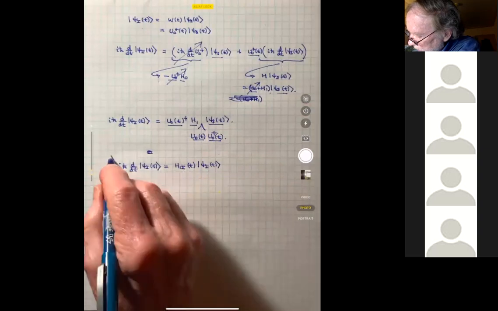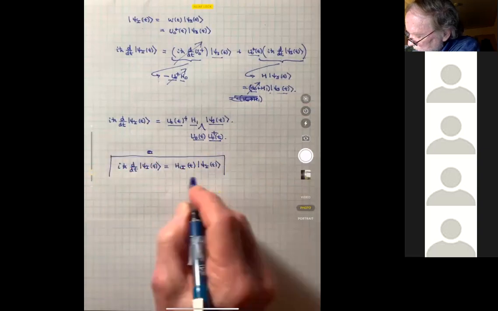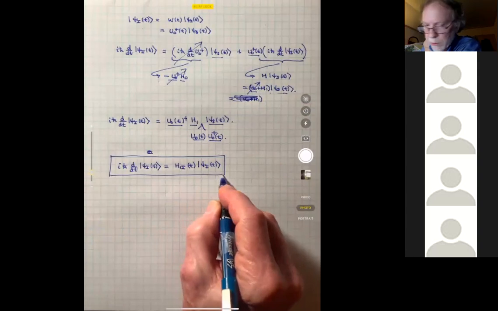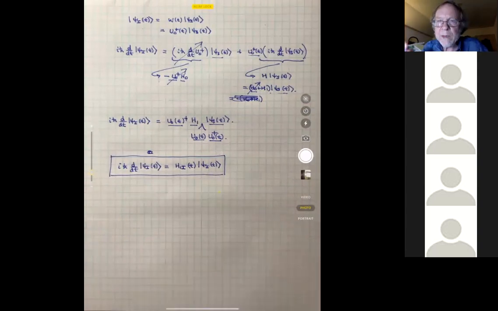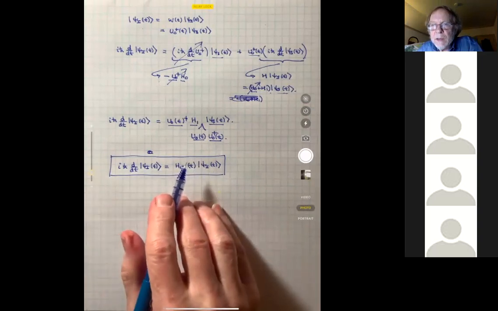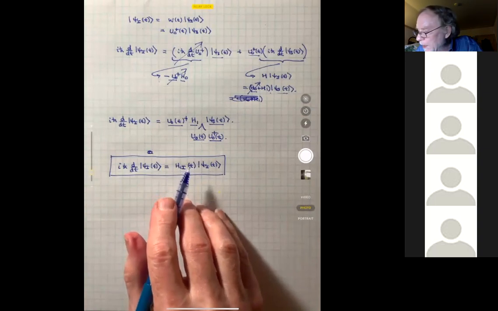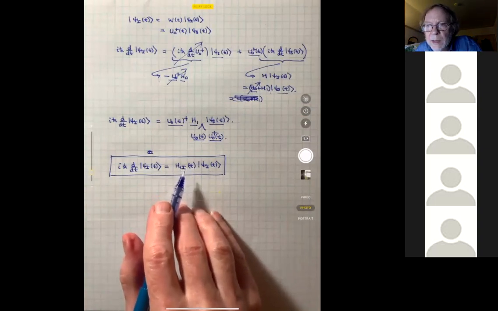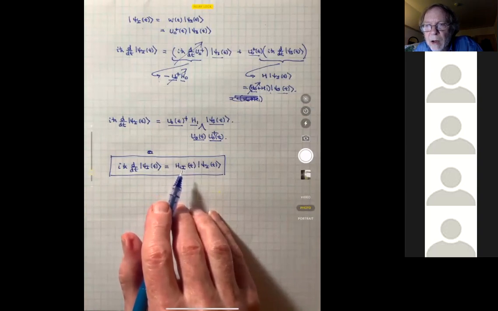And so this is a derivation of a version of the Schrodinger equation in the interaction picture. And it's quite a simple result. It says that in the interaction picture, the state vector evolves according to just the H1, just the perturbing Hamiltonian. H0 is gone, but the perturbing Hamiltonian is represented also in the interaction picture.